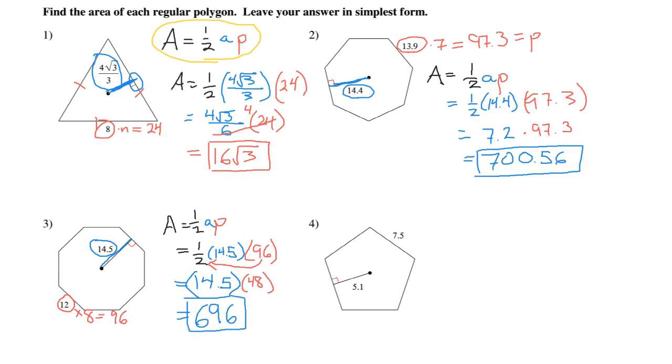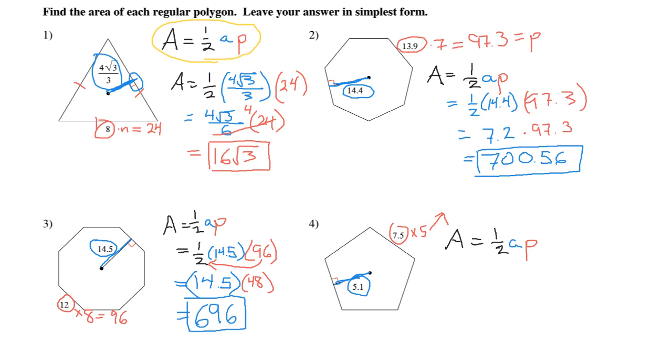Looking at number 4. So here's our last one. This is a pentagon, 5 sides. So here we've got the area equals 1/2 times apothem times perimeter. And now let's start plugging stuff in. So our apothem here is 5.1. And our perimeter is going to be this 7.5 times 5. Let's think about that. What is that going to equal?